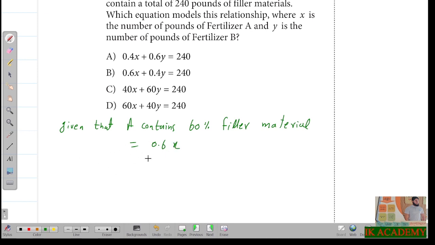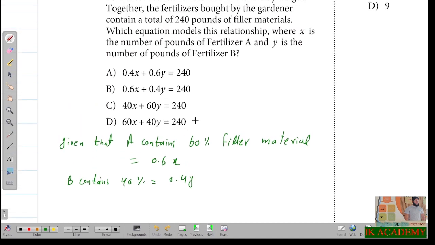Similarly, B contains 40%, which is related with y, so 40% is equal to 0.4y.